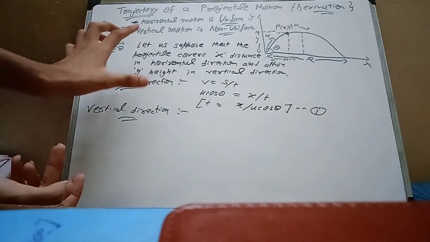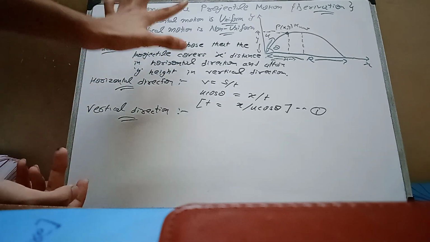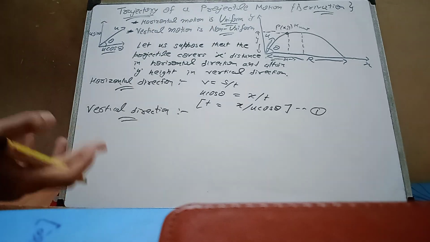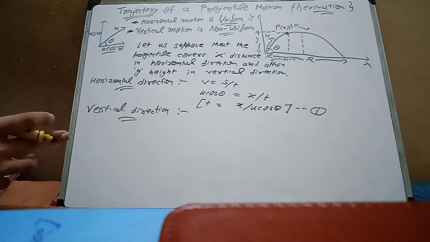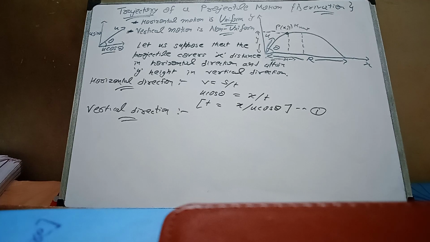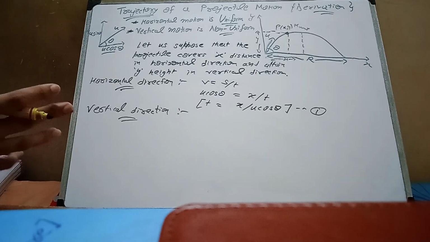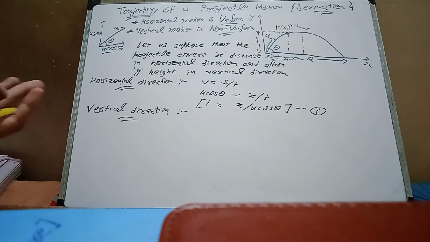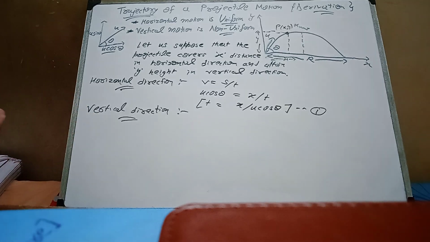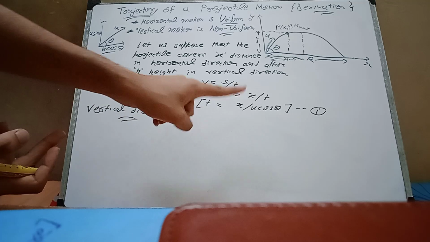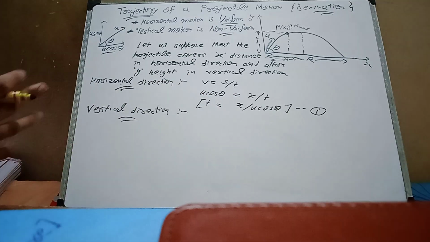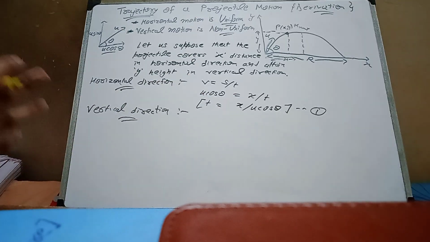So the projectile has attained a y height at the time t. We can apply the second equation of motion, because in the second equation we are relating distance, velocity, and time, and time we can put from here so that the equation becomes time independent.